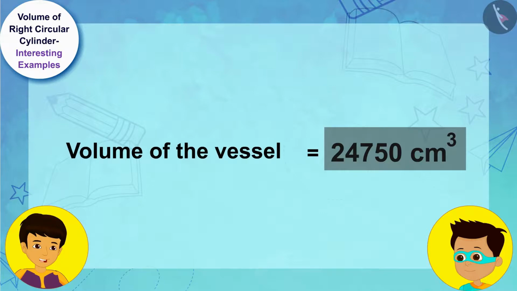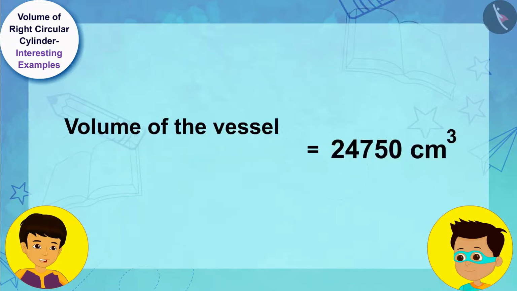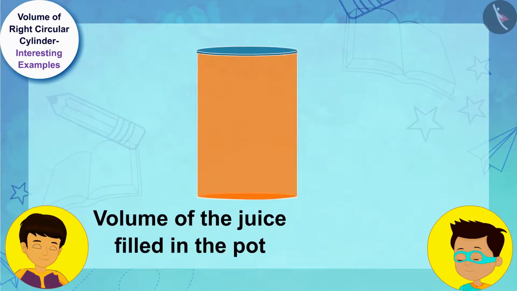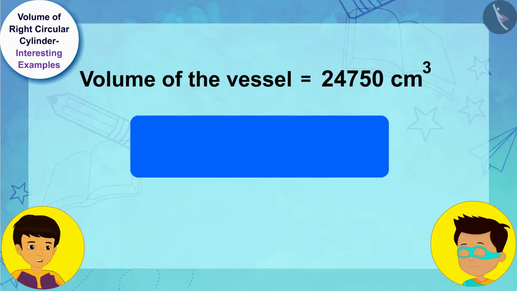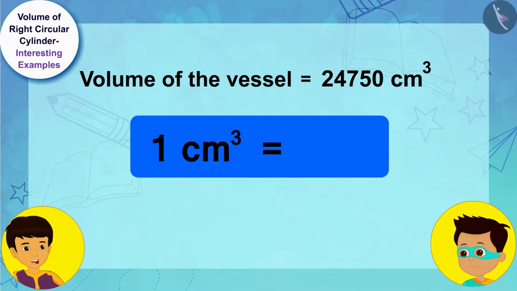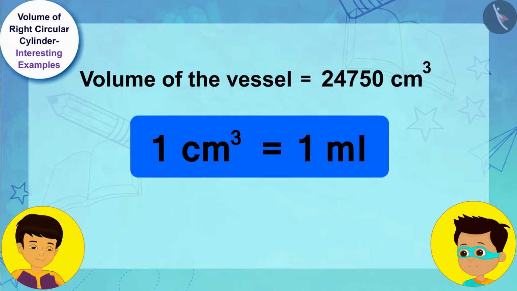24,750 cubic centimeters. This means that the volume of the juice filled in the pot is also 24,750 cubic centimeters. But Manas, this is in cubic centimeter and we measure juice in liters, don't we? Yes, Thomas. See, 1 cubic centimeter is equal to 1 milliliter.